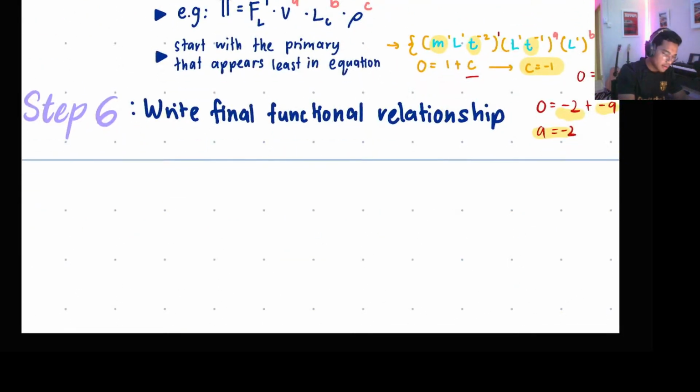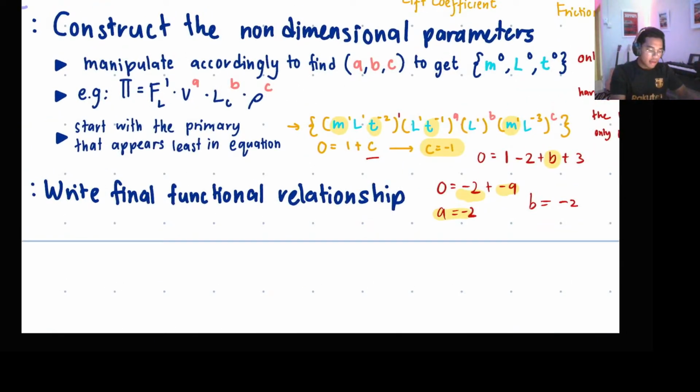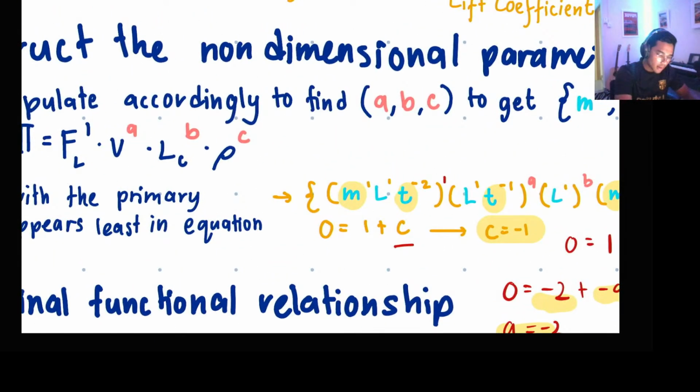One more thing I should mention is that a, b, c can also be equal to 0. If you have a, b, c equal to 0, the non-dimensional non-repeating parameter will only be equal to itself. For example, A, which is angle of attack.